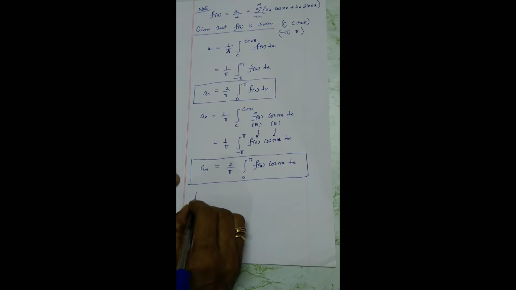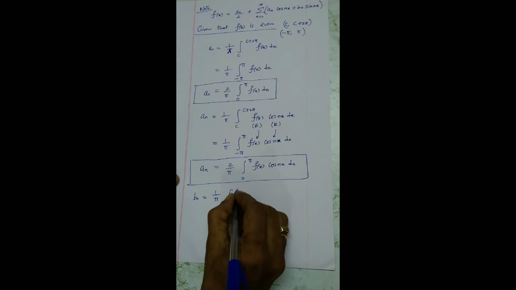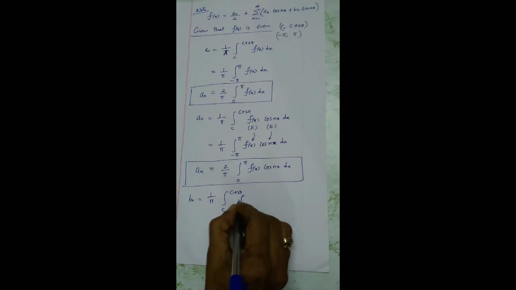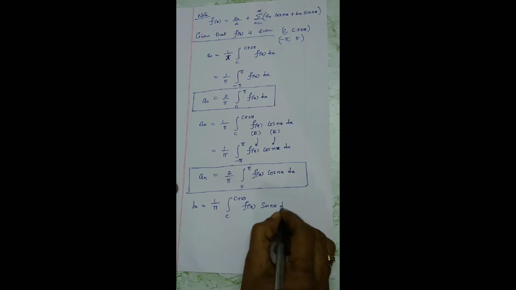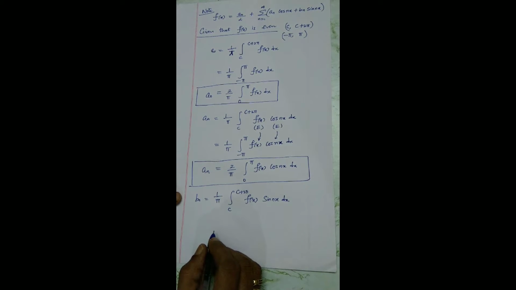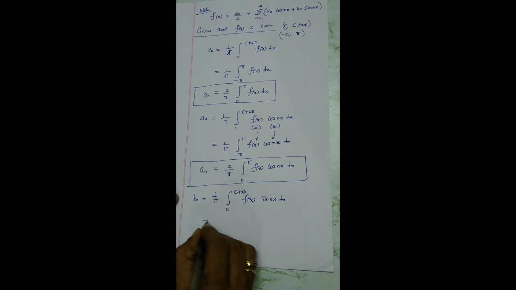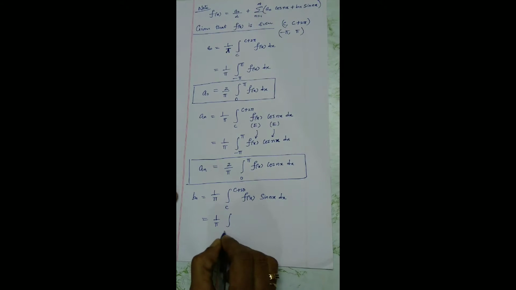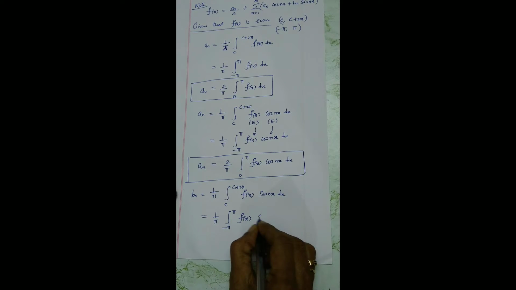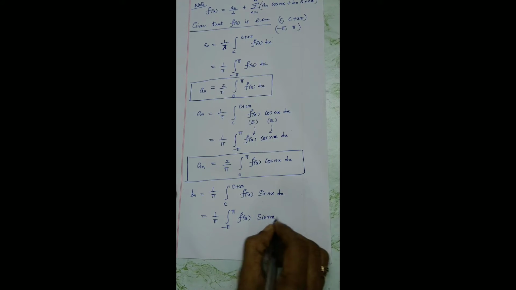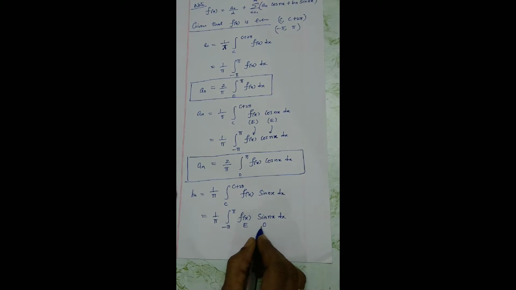Okay, next let us take bn: 1 by pi integral c to c plus 2 pi of f of x sin nx dx. If I take it this way, sin nx dx, if my function is even in the interval minus pi to pi, you know very well this is odd. Even into odd is odd.